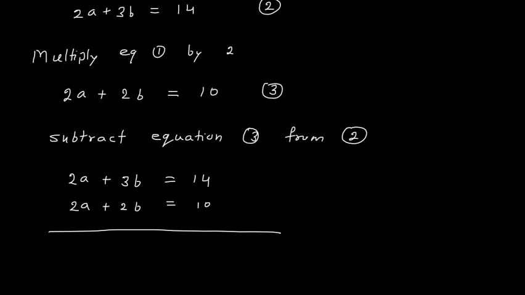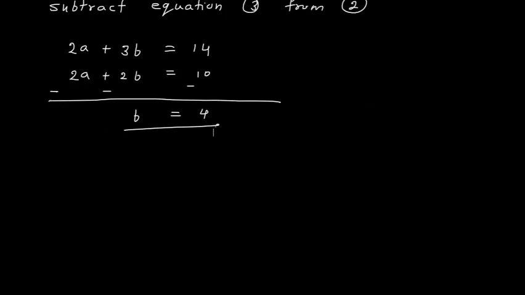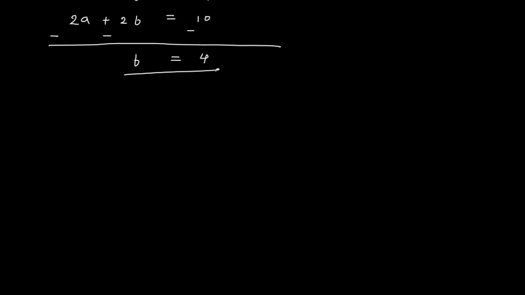I will subtract it. Now 2a minus 2a cancels, 3b minus 2b gives b, and 14 minus 10 gives 4. So the value of b is 4.